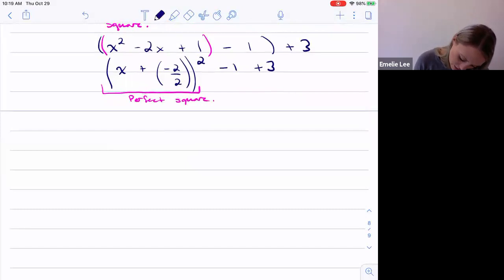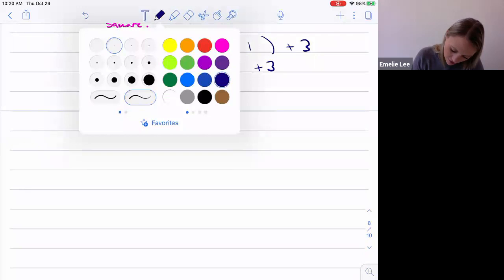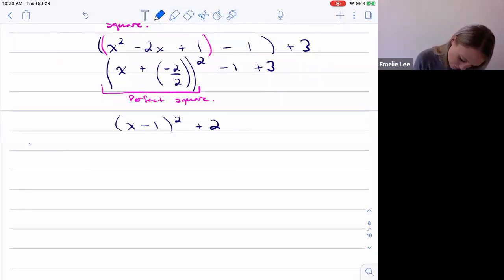So we get x minus 1 squared, and then minus 1 plus 3 plus 2. Just to check my work, right? Check your work by expanding.